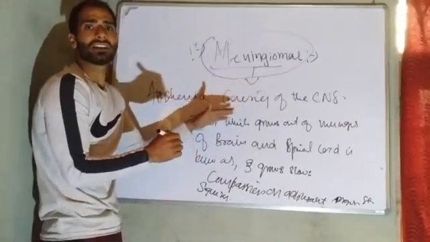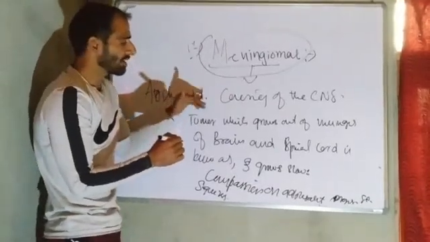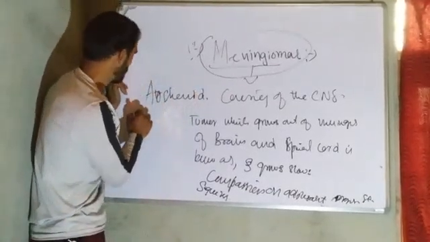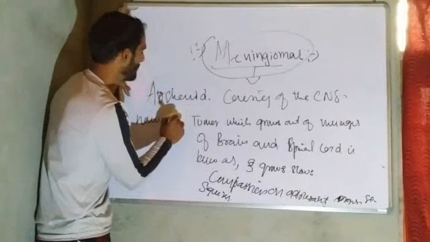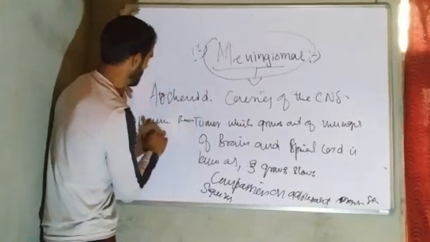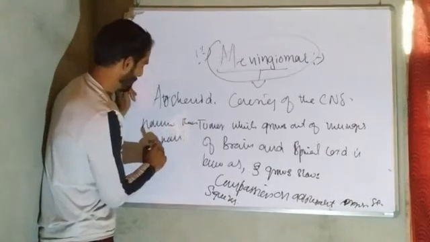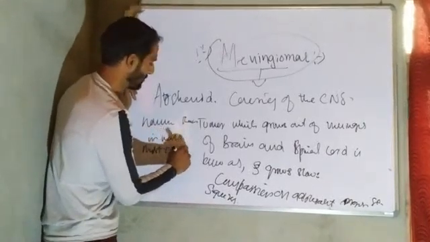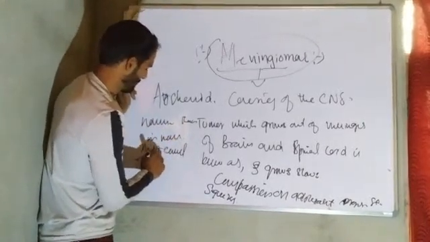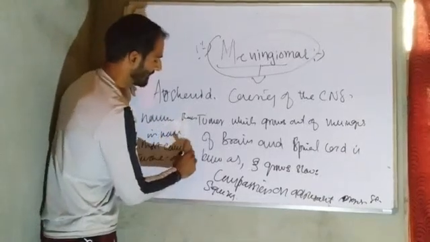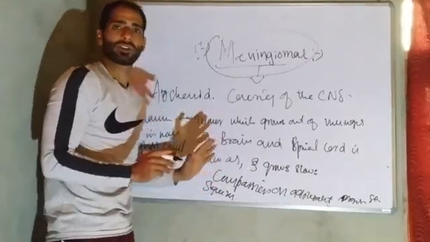It is most commonly present in the arachnoid mater, and if we talk about gender, it is usually more common in women than in men, and it is one of the most common tumors of the central nervous system.